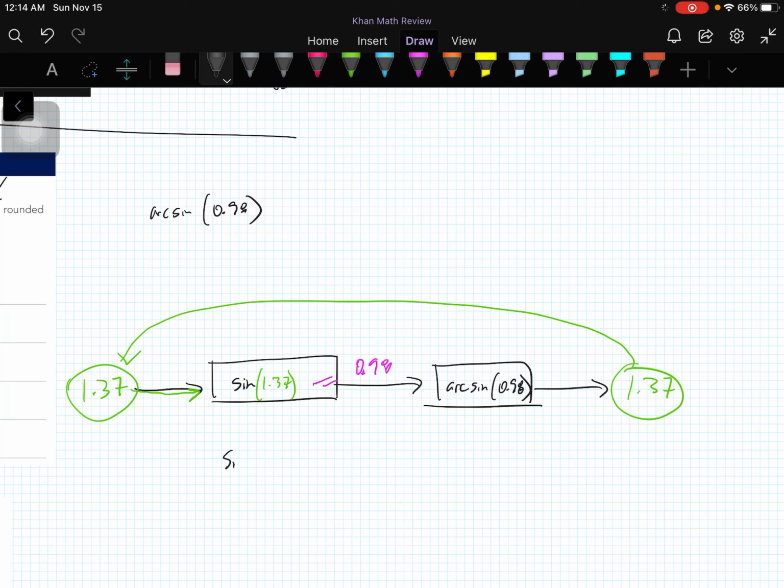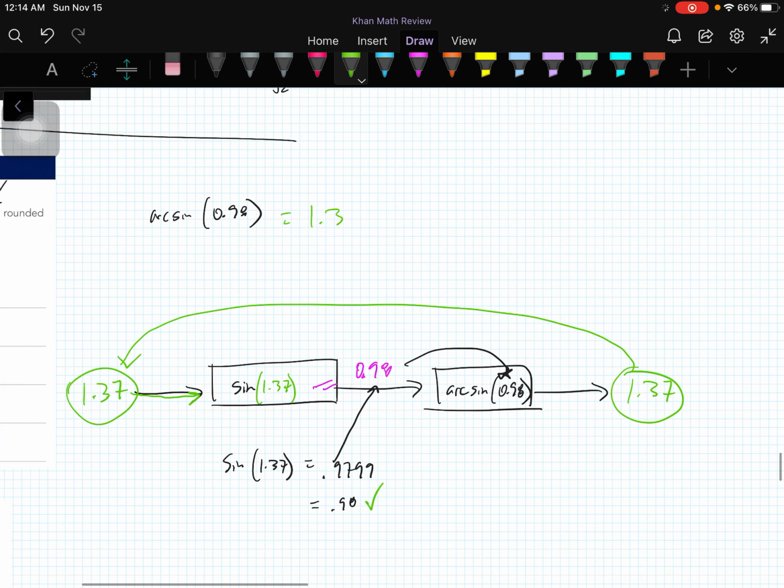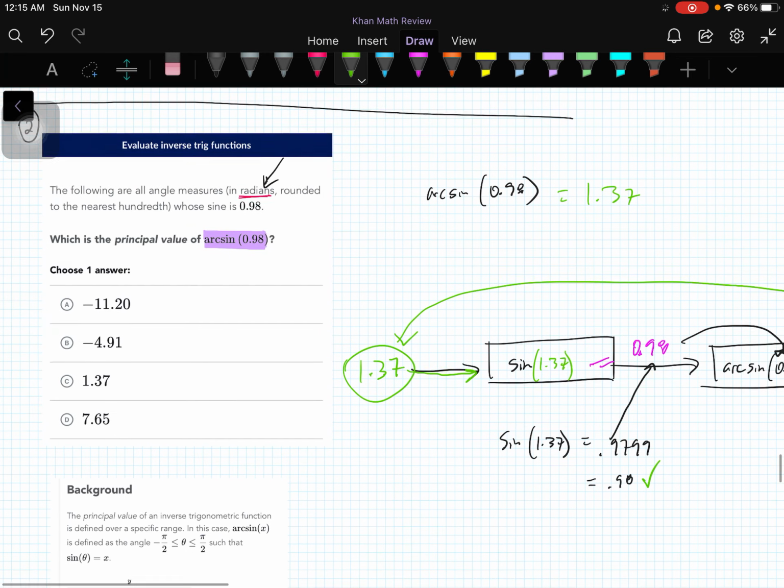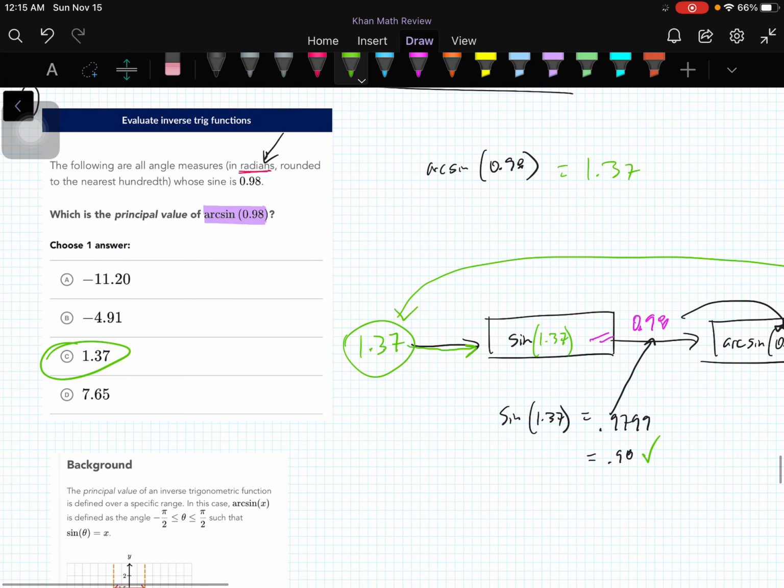So sine 1.37 in the calculator should equal this number, which we later plugged on here. But let's test it out because we want to make sure that we get this right on the test, and double checking is very important. Equals 0.9799, which is the same thing as 0.98. Yes, we got it correct. So equals 1.37. Let me double check that Khan got the right answer. Yep, the answer is there.